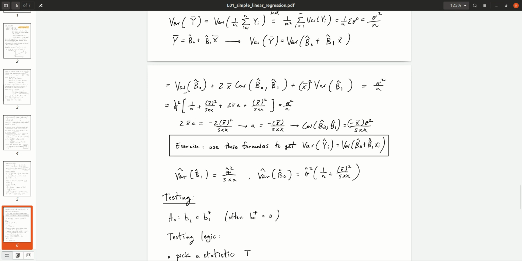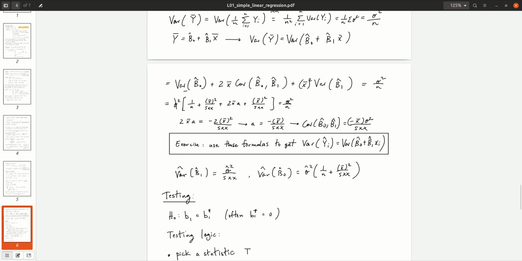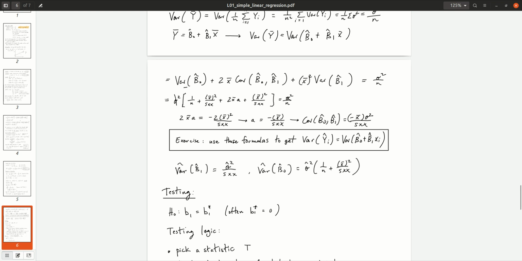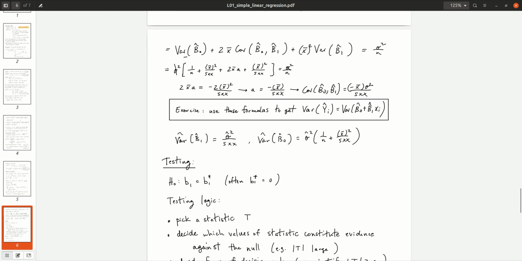Now you can use the same sort of argument, and you can use these formulas as well to calculate the variance of the estimator of the fitted value. Okay, so just to recap here, this is also an additional piece of notation. In practice, we don't know what sigma squared is, so we're going to have to plug in estimates of sigma squared.